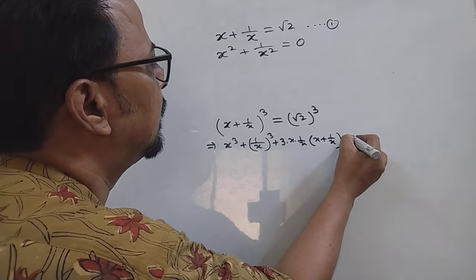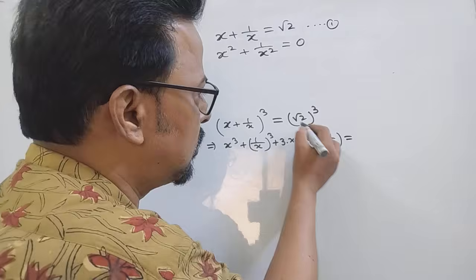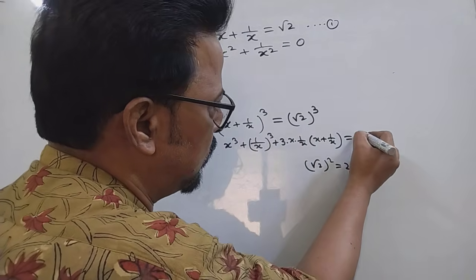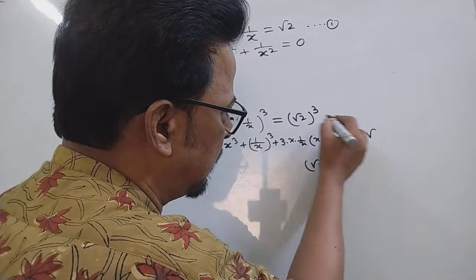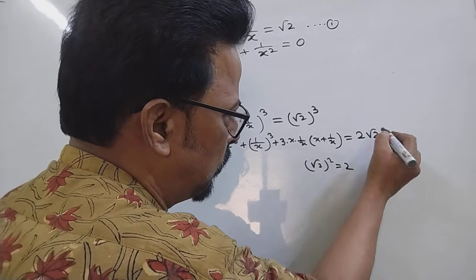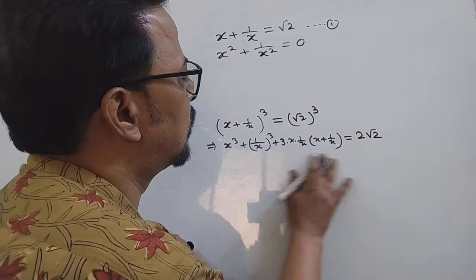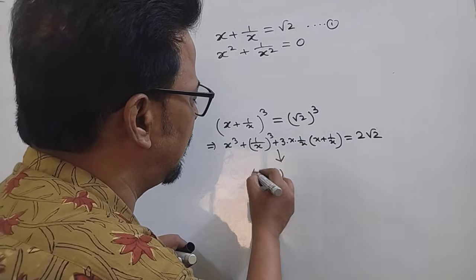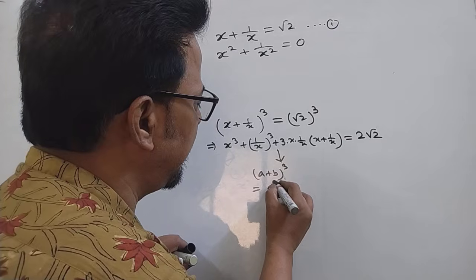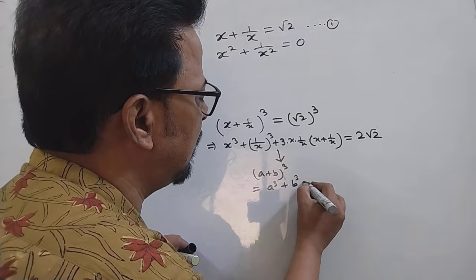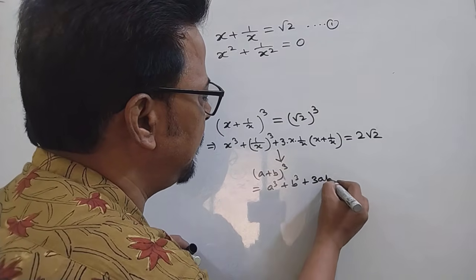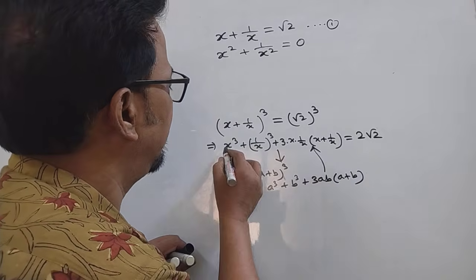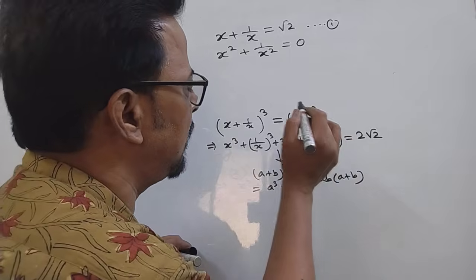Root 2 whole cube means 2 root 2, since root 2 square is 2 and another root 2 gives 2 root 2. This is the formula of a plus b whole cube equal to a cube plus b cube plus 3ab into a plus b.